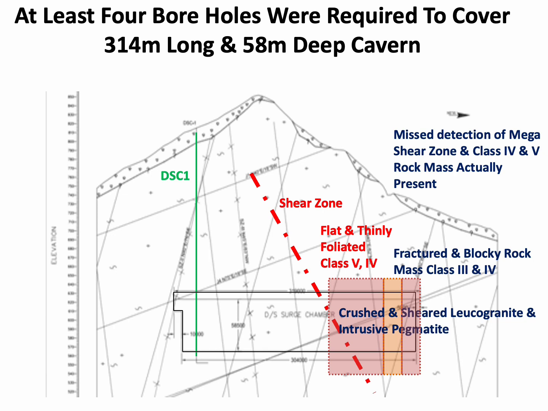There was only one borehole available, DSC-1, at one end of the Downstream Surge Gallery. The rest of the remaining 314-meter length and 58-meter depth of the cavern remained unrepresented by any geological study.